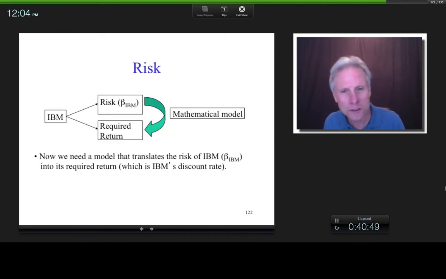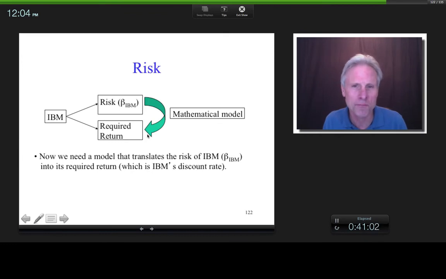So what we need to do is develop an equation or some kind of mathematical model where if we have the beta, out will pop the required return. And if that required return was, say, 15%, then what would be the discount rate for IBM? 15%. And that was our goal, to figure out the discount rate for financial securities.